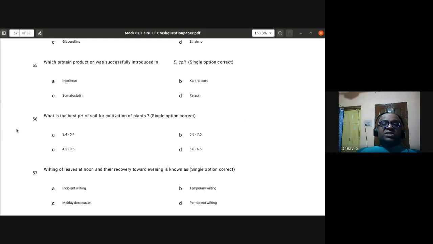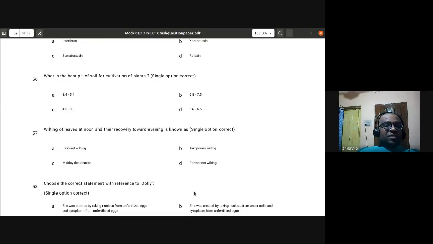Wilting of leaves at noon and their recovery towards evening is known as, 57th, incipient wilting, temporary wilting, midday desiccation, or permanent wilting? It is known as temporary wilting.